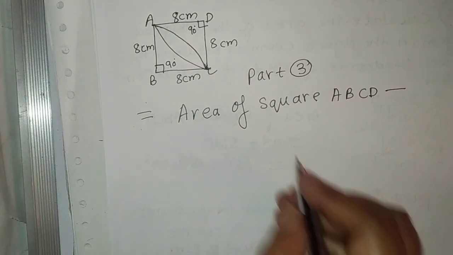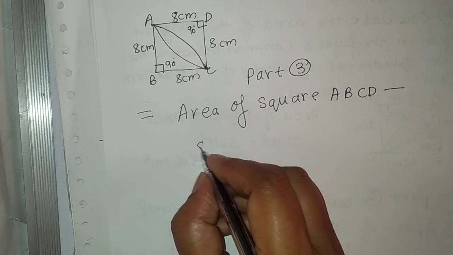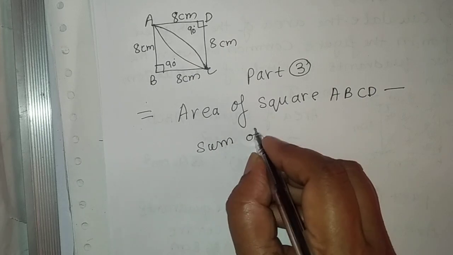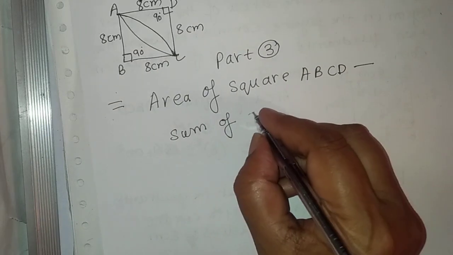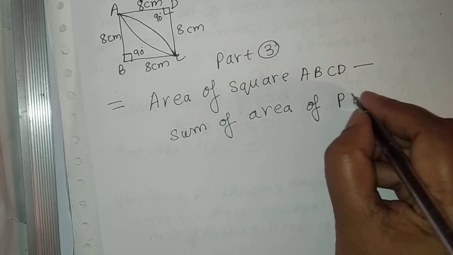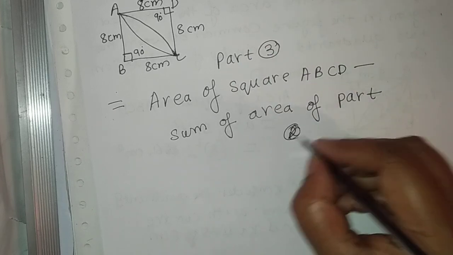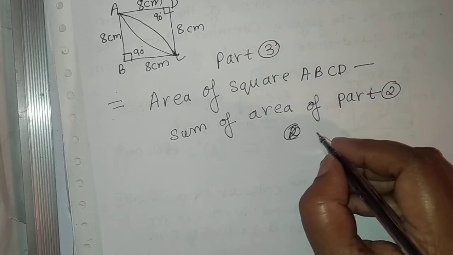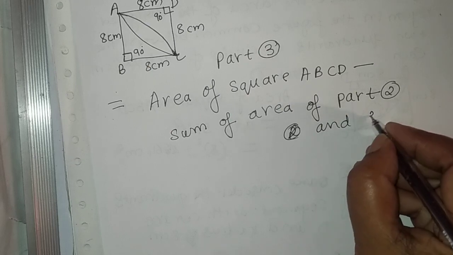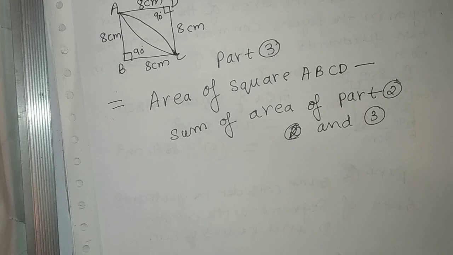Now, area of the square minus the sum of the areas of part 2 and part 3.